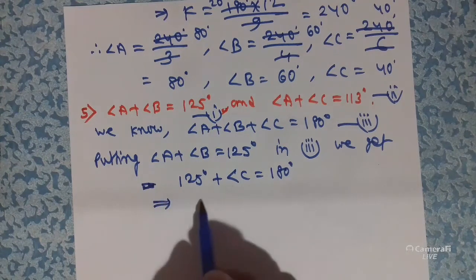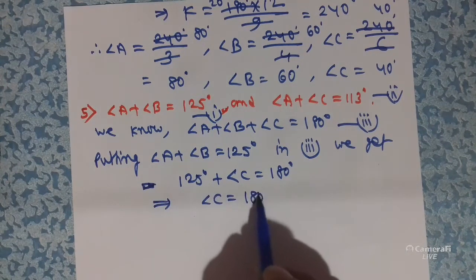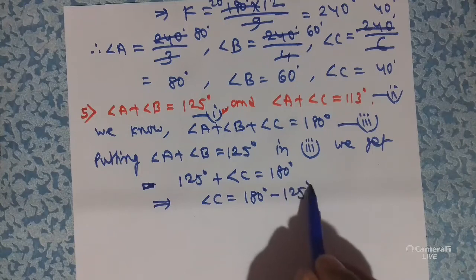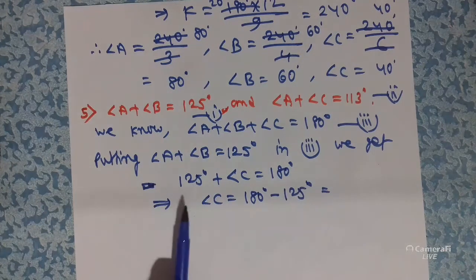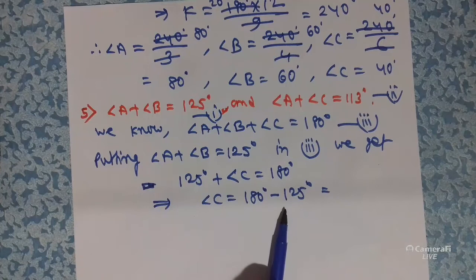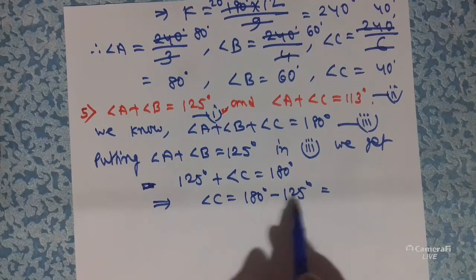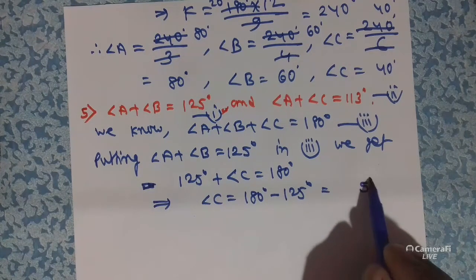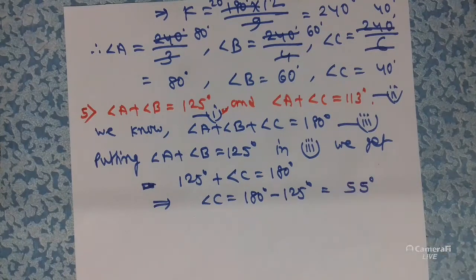So this implies angle C is equal to 180 minus 125, because if we transfer 125 to the right hand side, it will be minus 125. So subtract it, it will be 55 degrees. So angle C is 55 degrees.